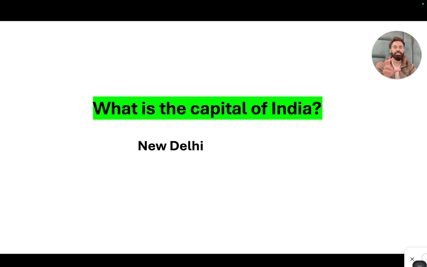How does the LLM know that it has to reply to the user with the answer New Delhi for the prompt what is the capital of India? All of this is happening with embedding, and embedding is the main key concept by which the LLM knows what it has to predict and what text it has to provide as a response.